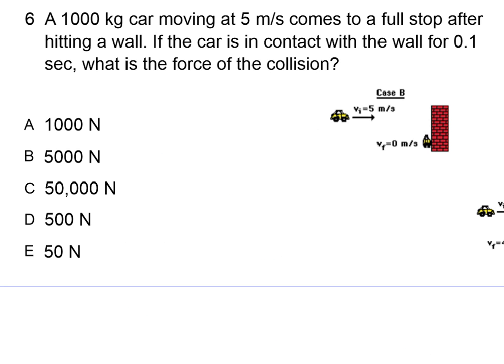Let's assume that during this collision, the car is in contact with the wall for 1/10 of a second. Let's try to calculate what is the force during the collision. So stop the tape and see if you can do this, and see if you can get one of the answers.